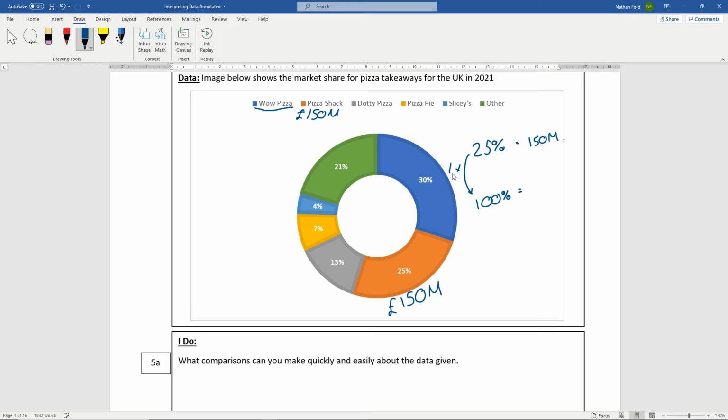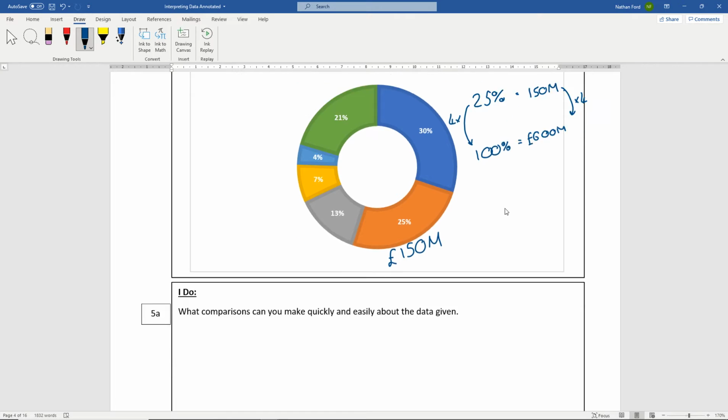You just times by 4. So we times this by 4, because 4 lots of this is 100%. So 4 lots of that is 600 million. Bit of percentages there, but that's a nice question where you would actually do that when reading this information.